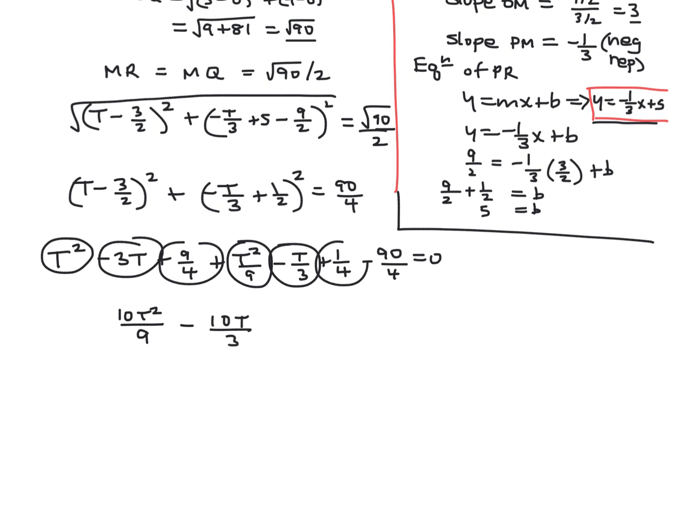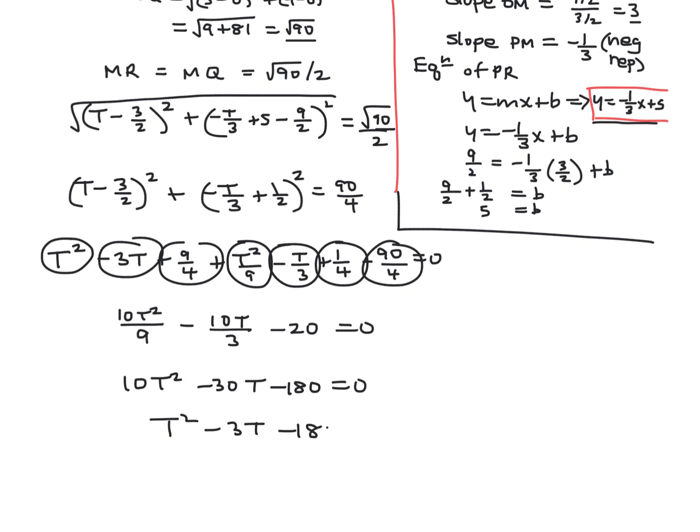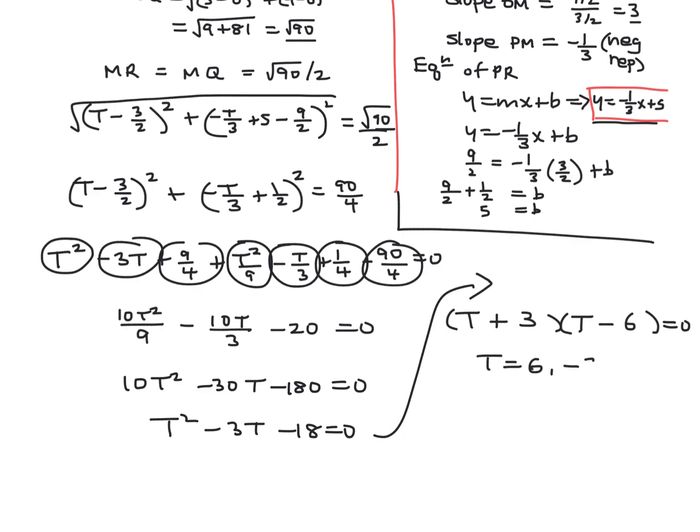And then that plus that minus that is going to be minus 20. Let's multiply through by 9. 10t squared minus 30t minus 180 equals 0. Let's divide through by 10. t squared minus 3t minus 18. And this will factor very nicely, thankfully. t minus 6, t plus 3, I believe. Yeah, so that means t is equal to 6 or negative 3.